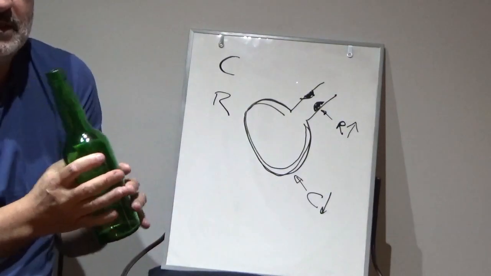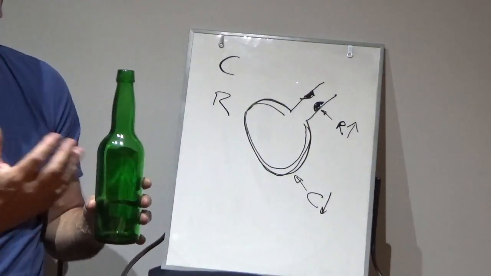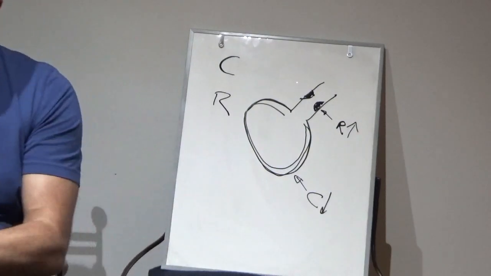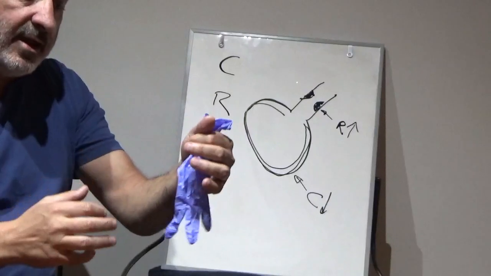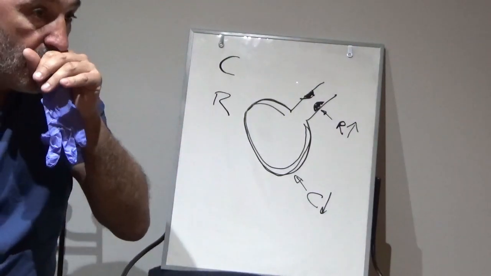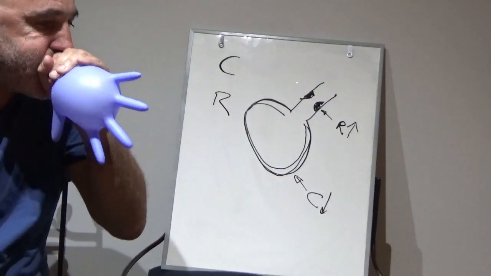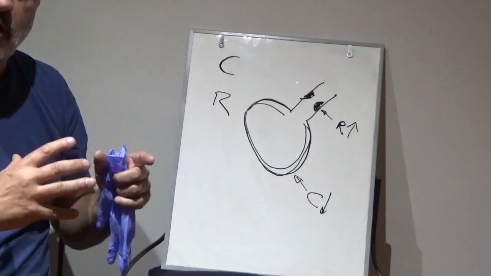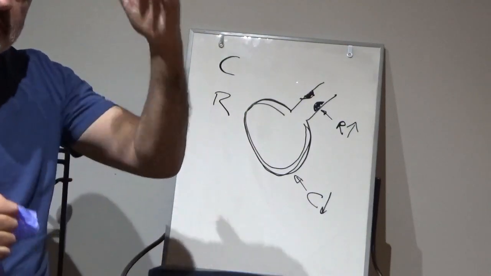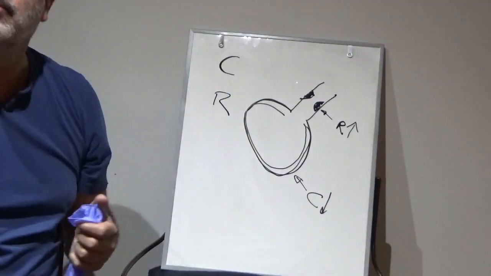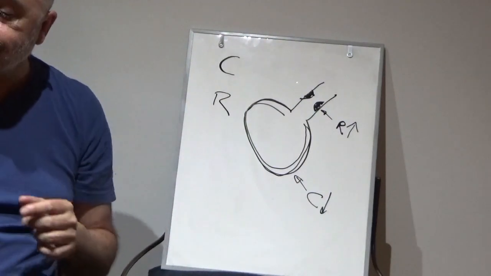On the contrary, the globe has a very big compliance, and I need more time to fill the globe and to increase the pressure up to one particular level, in this case, for example, 25 centimeters of water.